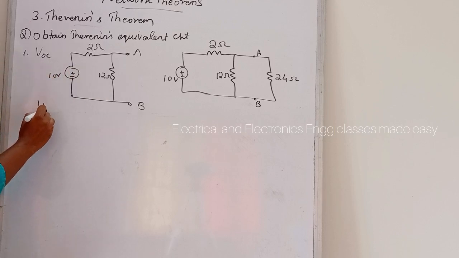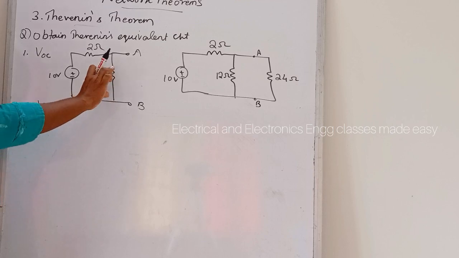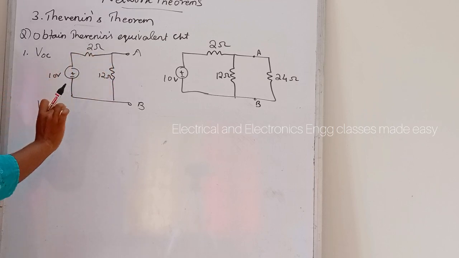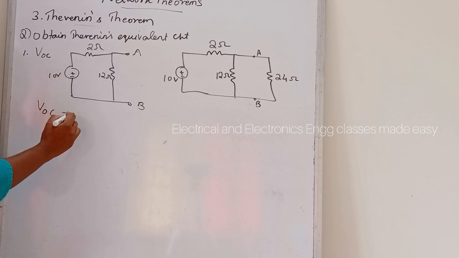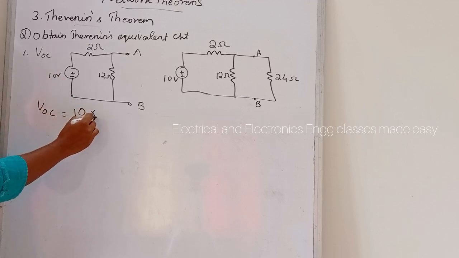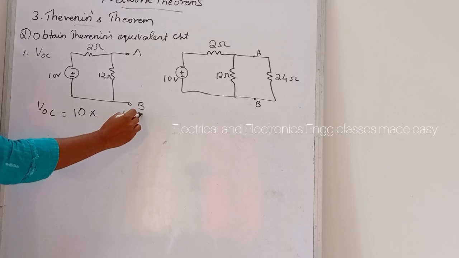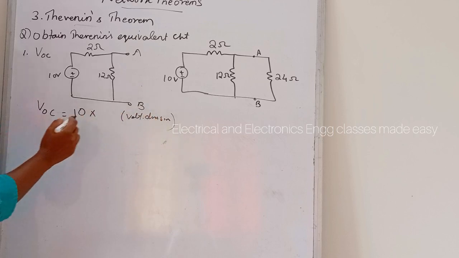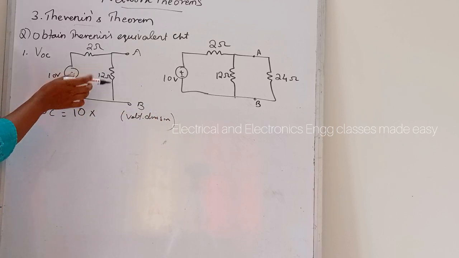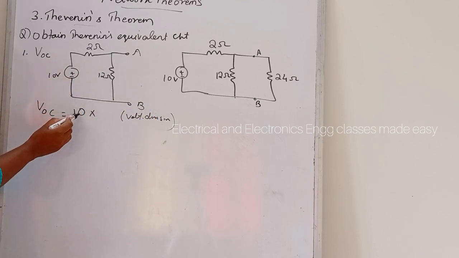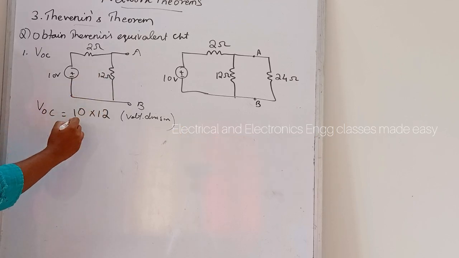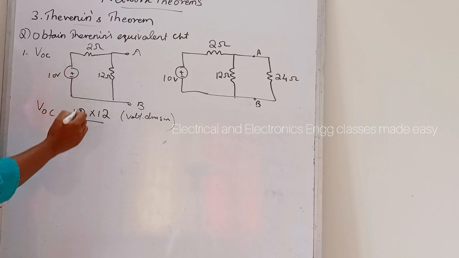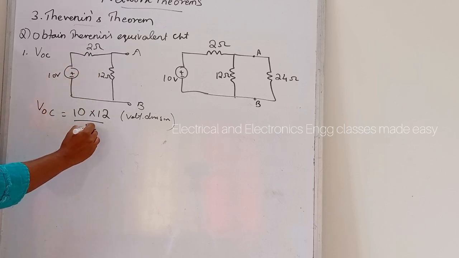So VOC, the voltage across this resistor, is found from the given voltage source using the voltage division rule. By the voltage division rule, we can find the voltage across this resistance: total voltage into the resistance of that branch divided by total resistance, that is 2 plus 12, that is 14.